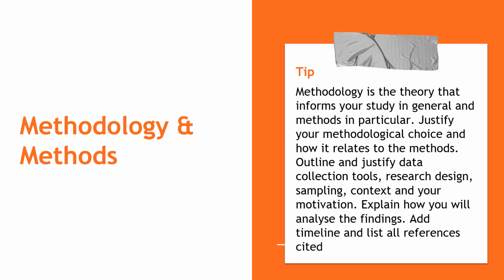So in this section, you can also have subsections where you start by explaining the theory, which is the methodology, the research design, the study context. You can also have a section where you highlight the researcher's background and motivation, a section where you highlight the study population, the sample, how you are going to sample your participants, then another section where you talk about the data collection tools and how you are going to analyze the data.